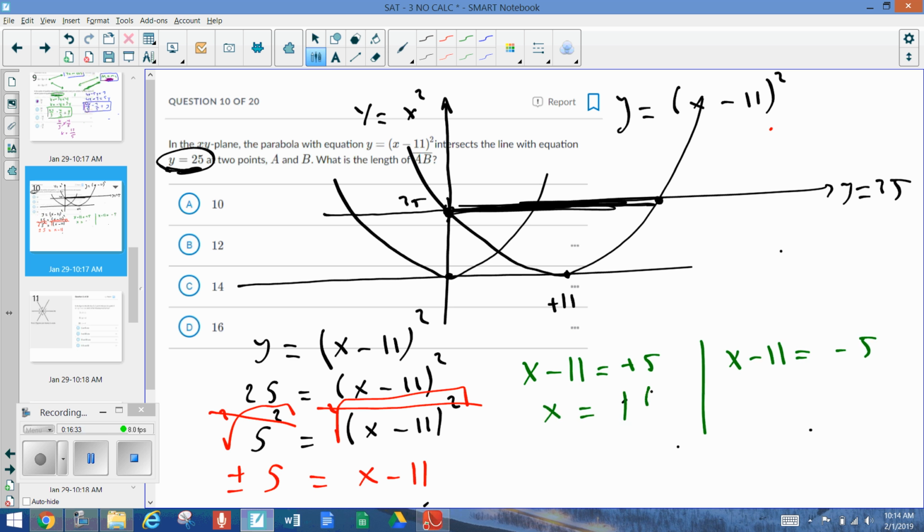X is equal to 16, x is equal to 11 minus 5 is equal to 6. So, question, what is the distance between those points? One of them is 16, one of them is 6. I couldn't draw that here, but the distance is 10.